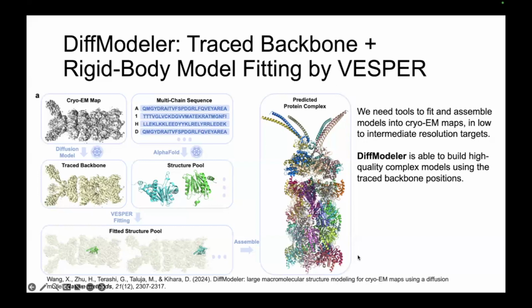So this is the algorithm of DiffModeler. DiffModeler is able to build high quality complex models using the traced backbone positions. Then it automatically combines each AlphaFold or predicted structure model into the large macromolecular structure. So this is the overview of DiffModeler.